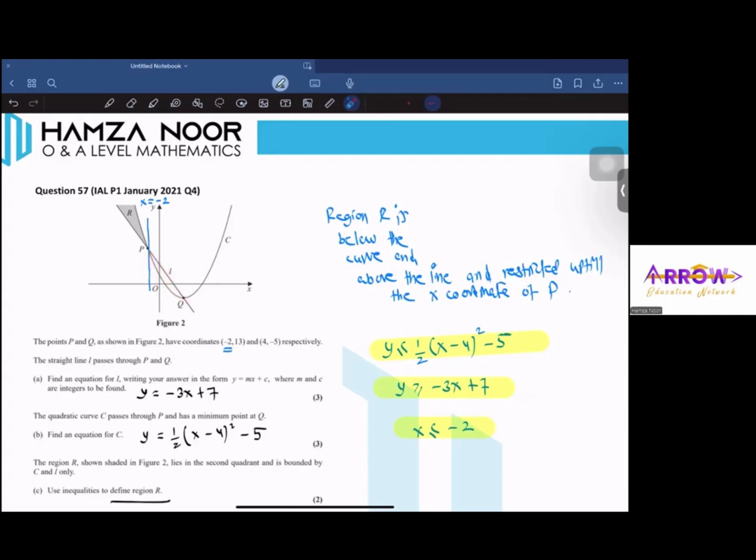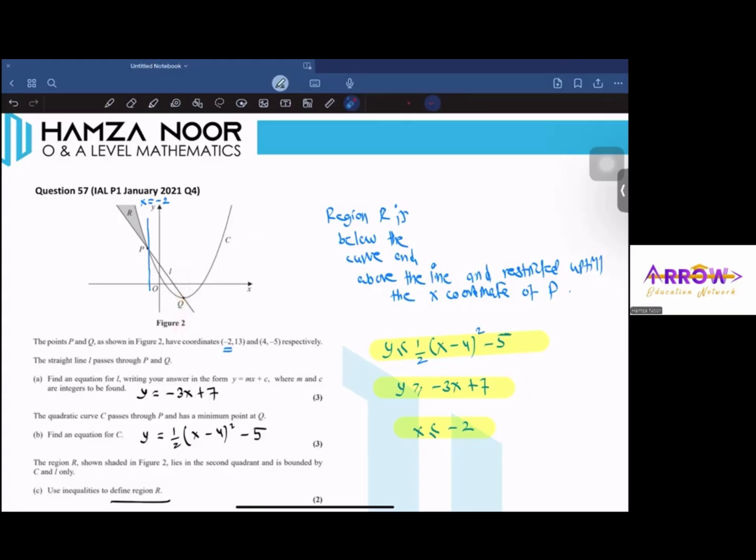So when I'm saying the region R is below the curve and above the line, obviously the region in between is already eliminated, not considered. So you can restrict the region R through this inequality as well, that it is restricted up to the x coordinate of Q. You can use this x coordinate of Q as well.